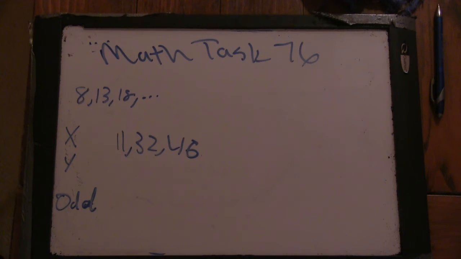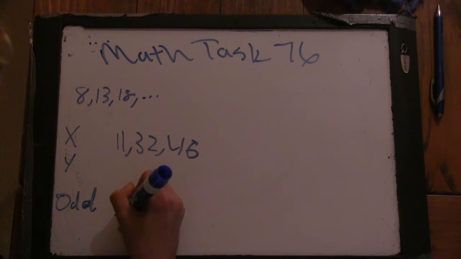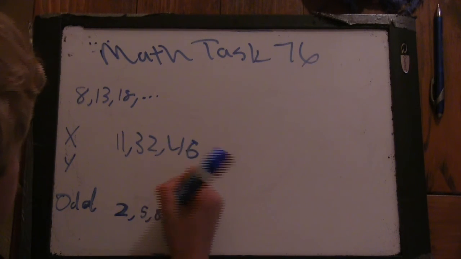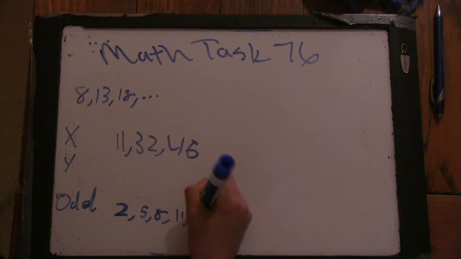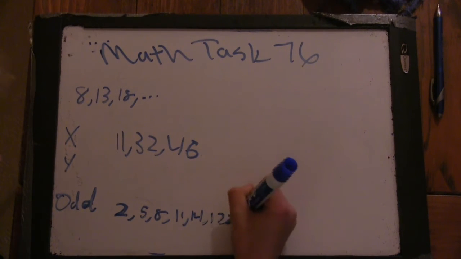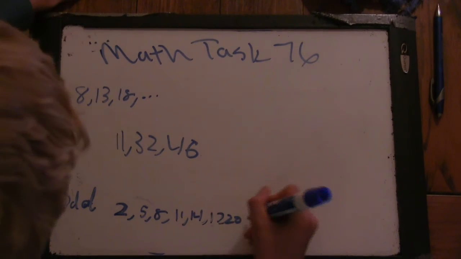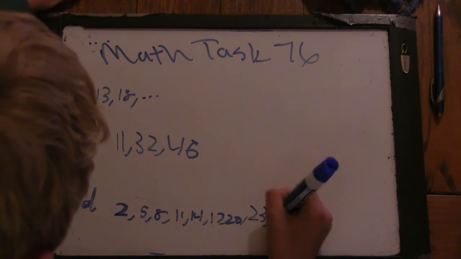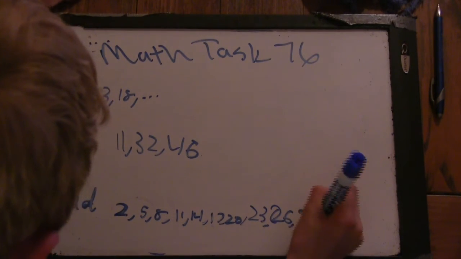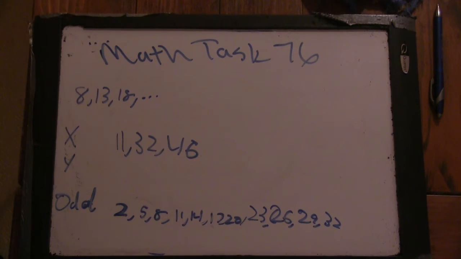If we count by 3, then we'd start with 2 and then go 5, 8, 11, 14, 17, 20, and then let's see if we get 32. So we go 23, 26, 29, and 32. So we would get 32.